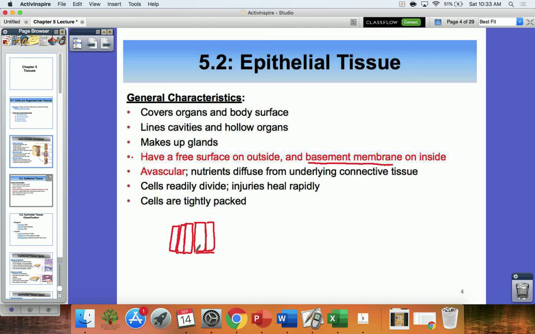And so we'll have a basement membrane that's kind of connecting or attached to those cells. This may have maybe some cilia on the outside. This is the free surface. And then this will be our basement membrane.